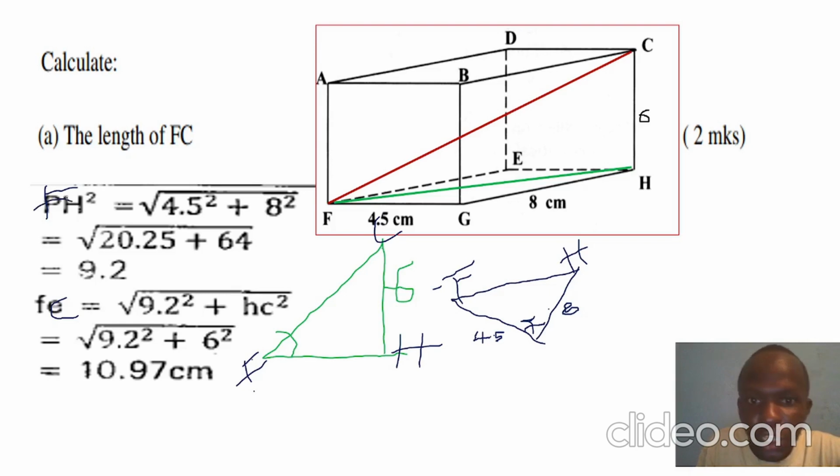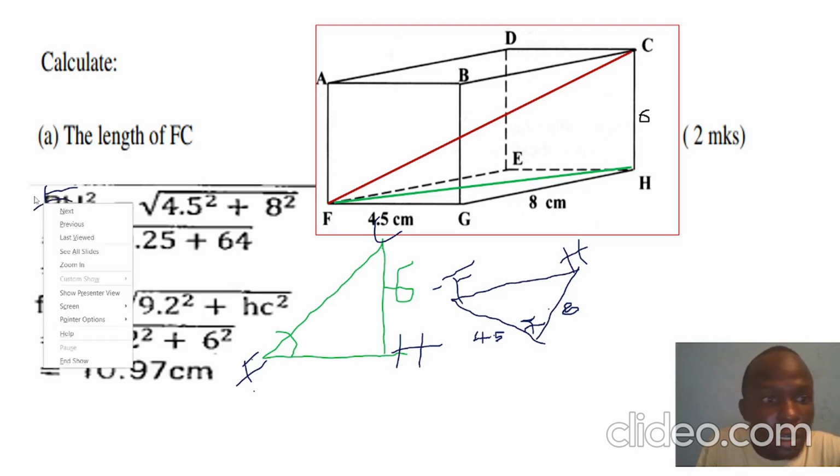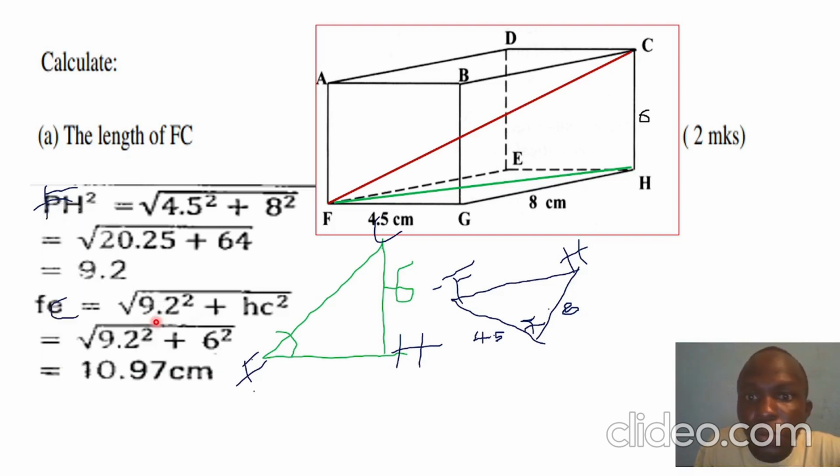So FC is equal to 9.2 squared. What is 9.2 squared? 9.2 squared is this length here. 9.2 squared plus 6 squared, which is HC. HC, that length there, which is 6. So it is 9.2 squared plus 6 squared.